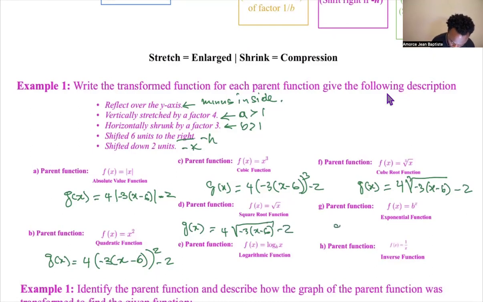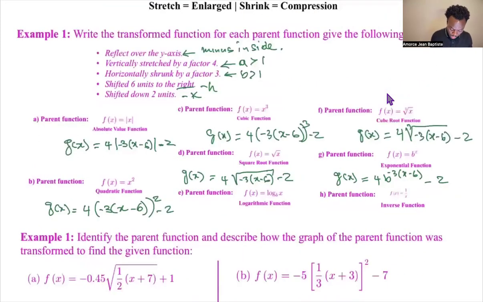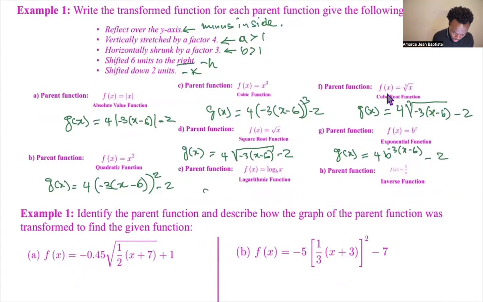This is g of x equals, that's the exponential function, 4 b exponent negative 3, x minus 6 minus 2. Because the x, you replace it by this part in the exponential function and then keep the negative 2 down. This one will be g of x equals 4 log base b of negative 3 x minus 6 minus 2.